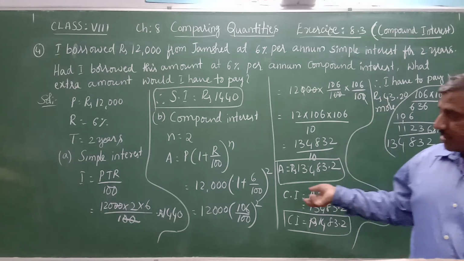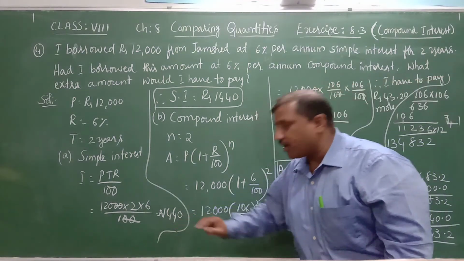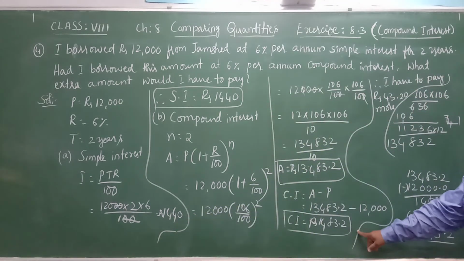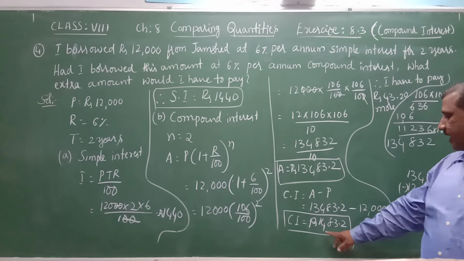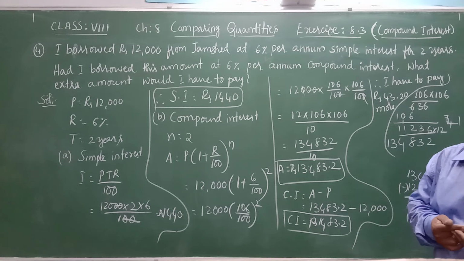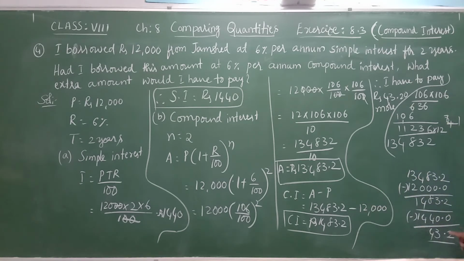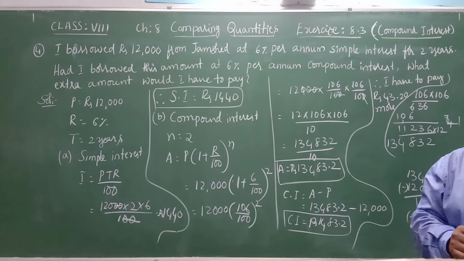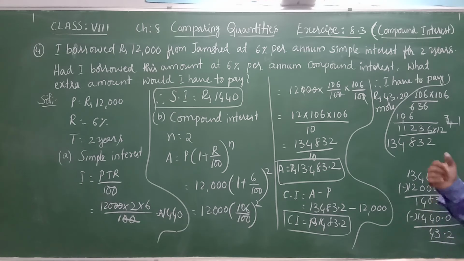Simple interest we got is 1440 rupees, whereas compound interest we got 1483.2. So how much I have to pay more means compound interest minus simple interest, we get 43 rupees 20 paisa. Therefore I have to pay 43.20 rupees more extra money.